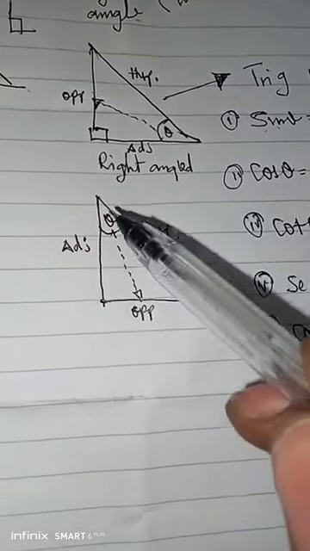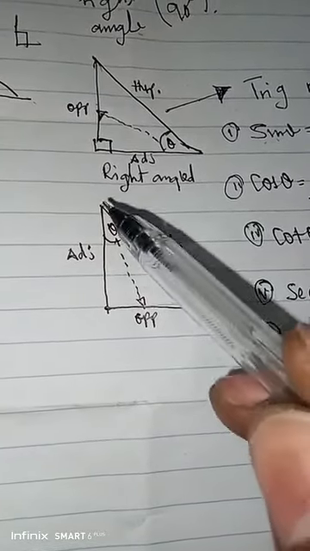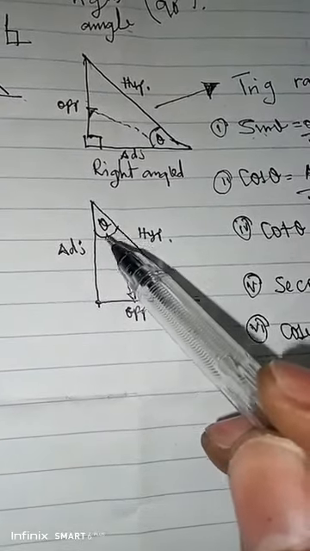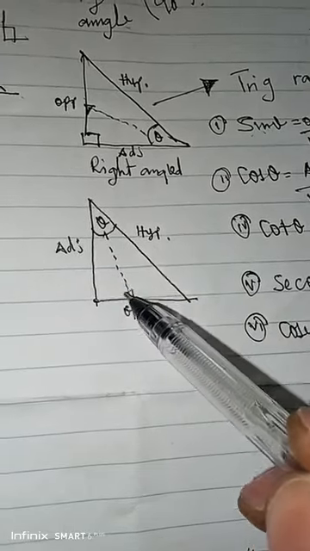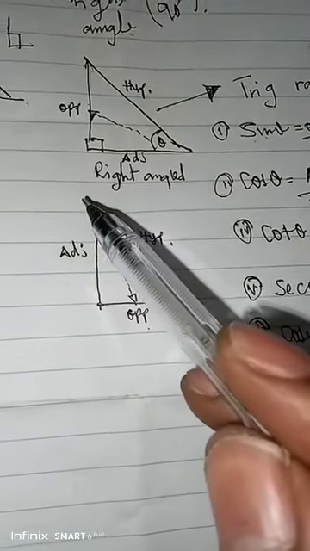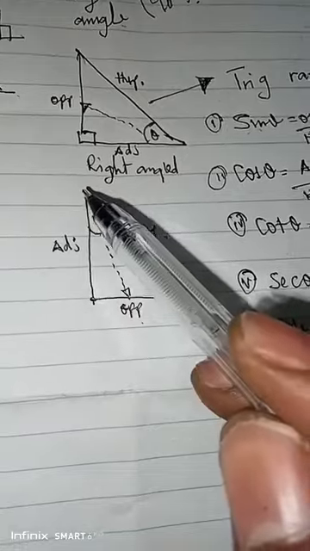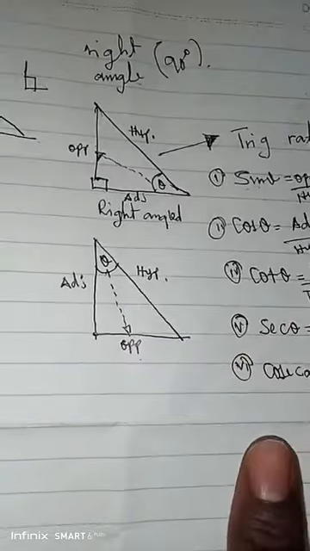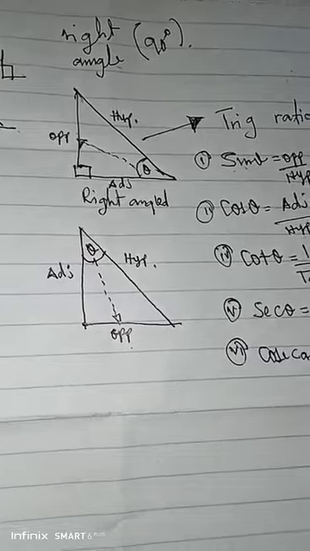But if you have been given a triangle in this way, and the angle has been put there, then this is the one that is now going to be your opposite. This is going to be your adjacent, and then this is going to be your hypotenuse. Now, these angles have special names, and you have to know them.